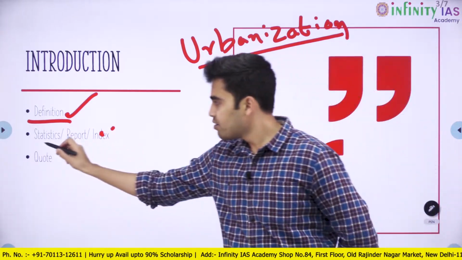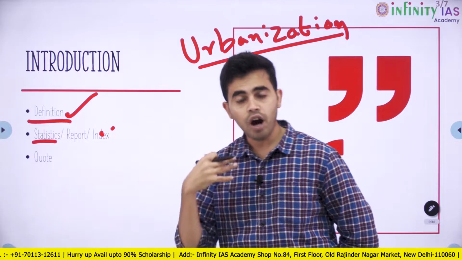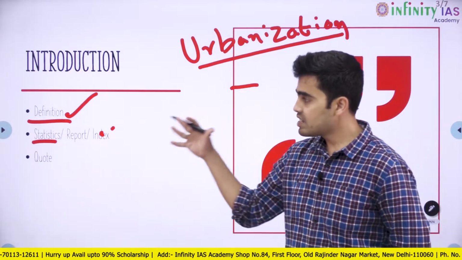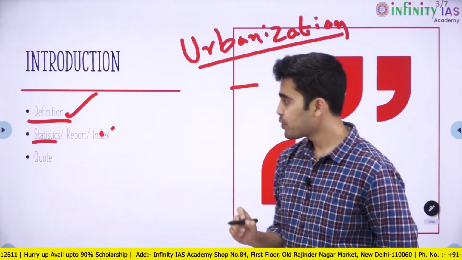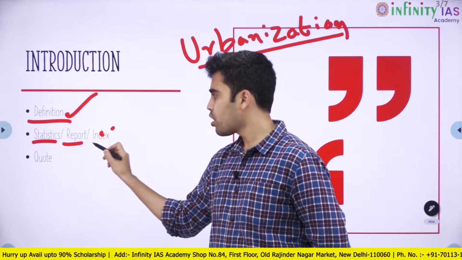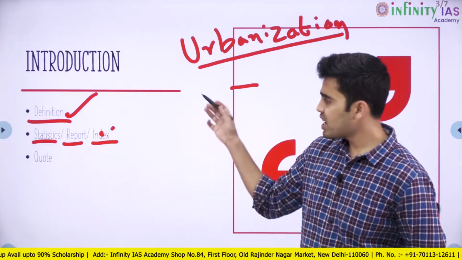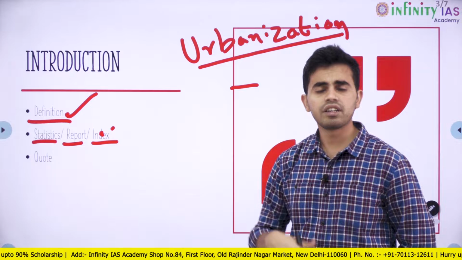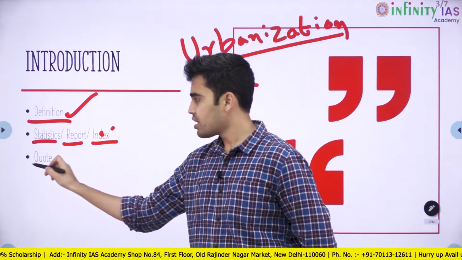Or we can give some statistics as to how much of the population is living in urban areas, or we can cite a report or an index, like an urbanization index, in the introduction to take us through the answer.